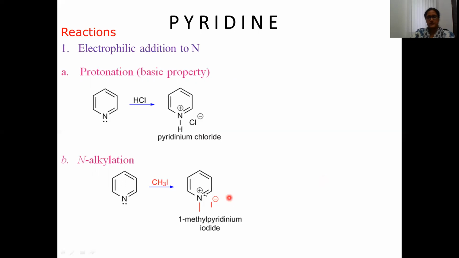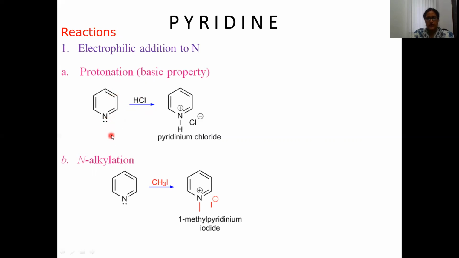Which types of reactions does pyridine undergo? The first reaction is electrophilic addition to nitrogen. In this electrophilic addition to the nitrogen, there are two reactions: one is protonation and the second is N-alkylation, which is similar to the pyrrole and pyrazole molecules which we have discussed earlier. Here pyridine reacts with HCl.